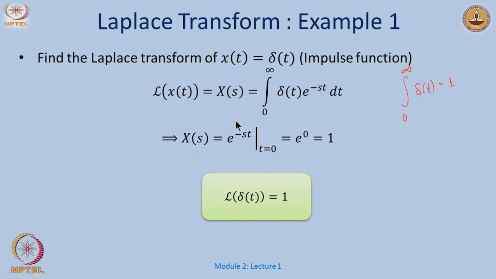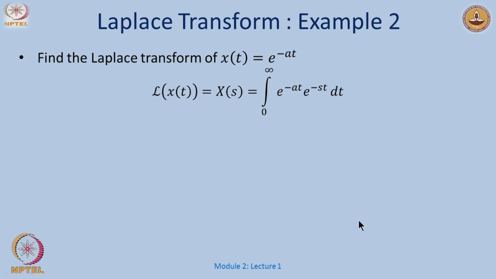So, making use of this property, that the integral from 0 to infinity, or even from minus infinity to plus infinity, of delta t equals 1, I have X of s equal to 1. So, the Laplace transform of an impulse signal is just 1.